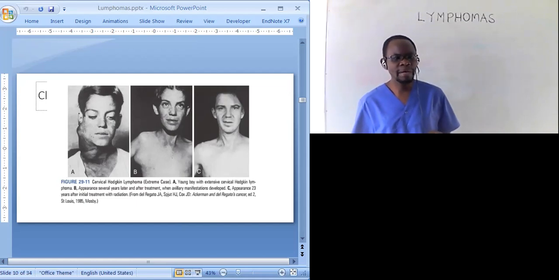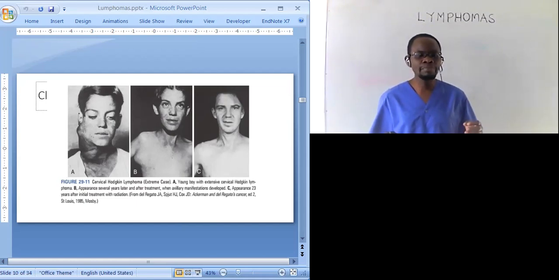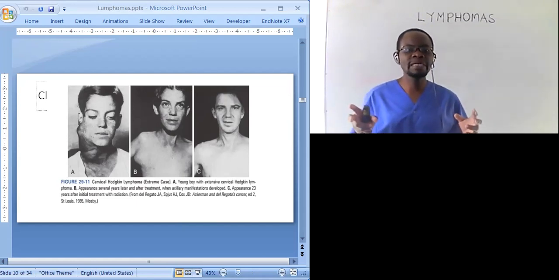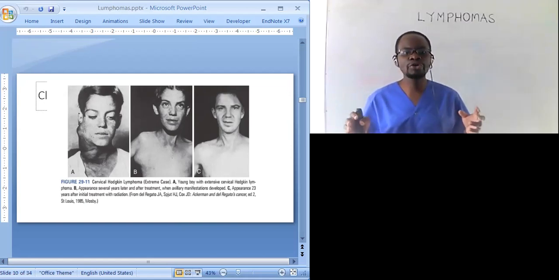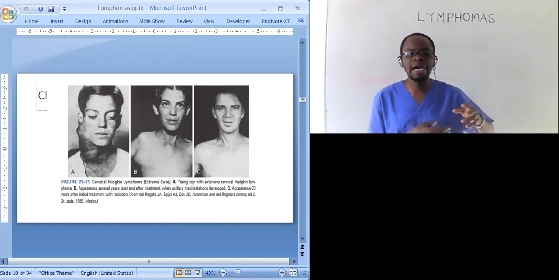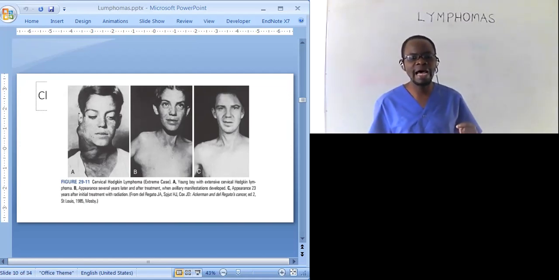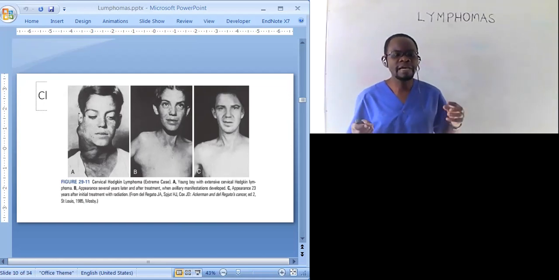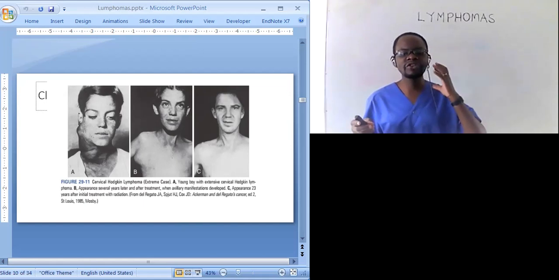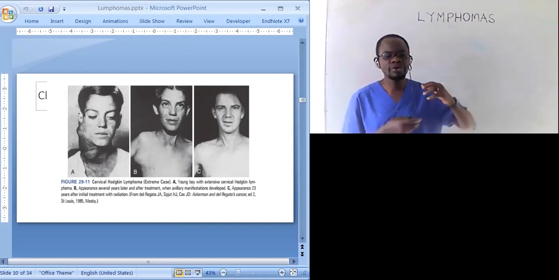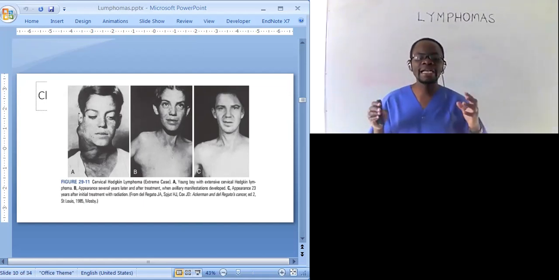So basically, Hodgkin's lymphomas usually like lymph nodes where they can easily be visualized, what we mentioned earlier yesterday. They are usually in lymph nodes that can easily be visualized, like here, where you can easily see them.